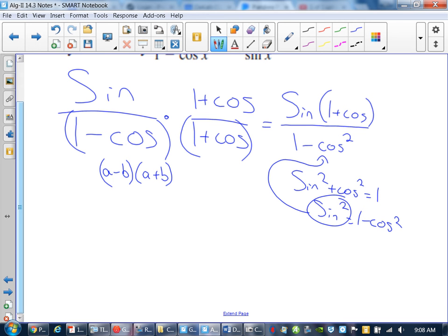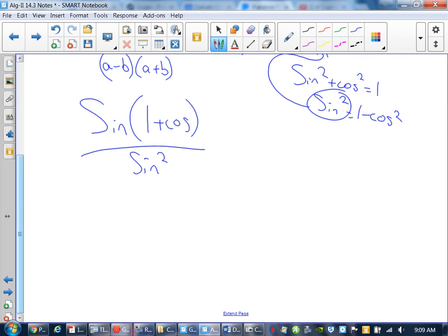You use the ideas of those Pythagorean identities going back and forth and manipulating it out to see where it gets you. So now we have sine times 1 plus cosine over sine squared. And what happens? The sine cancels out, which gives you 1 plus cosine over sine.